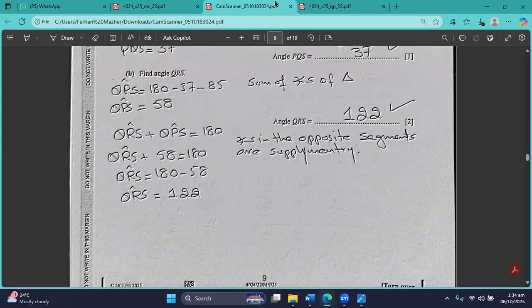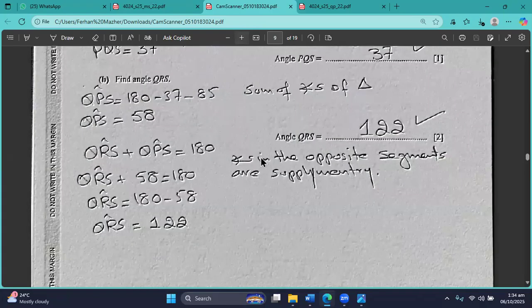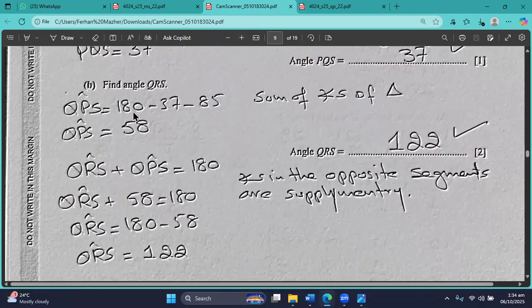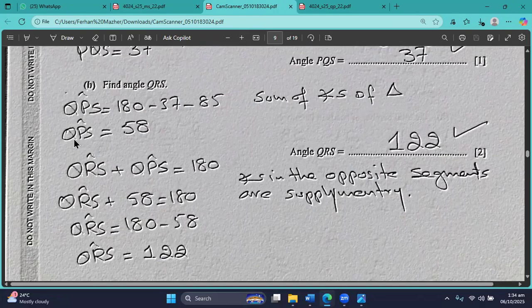So here we have that solution. They say the PQS is equal to 180 minus 37 minus 85, the sum of the angles of a triangle. So the PQS will be equal to 58 degrees. Then the PRS plus the PQS will be equal to 180. The reason is angles in the opposite segment are supplementary, cyclic quadrilateral.